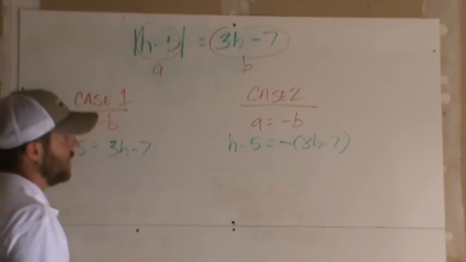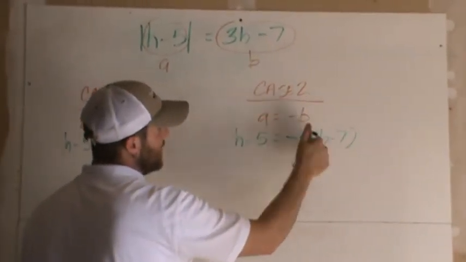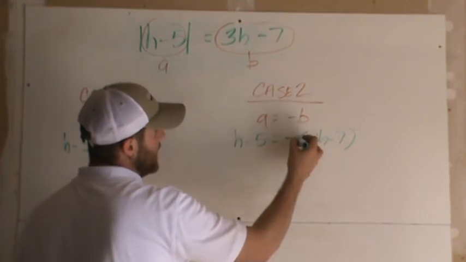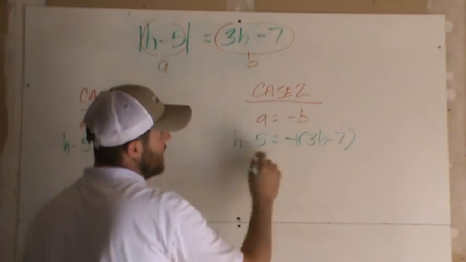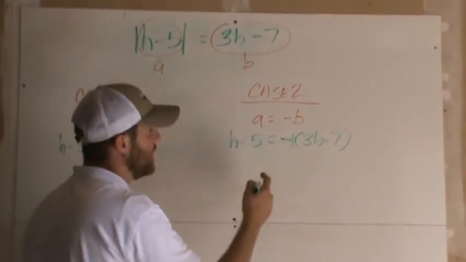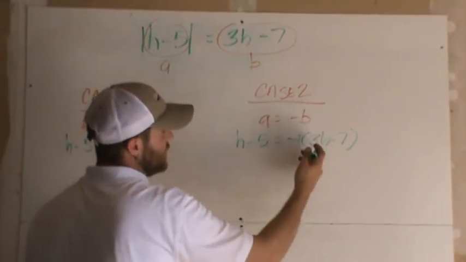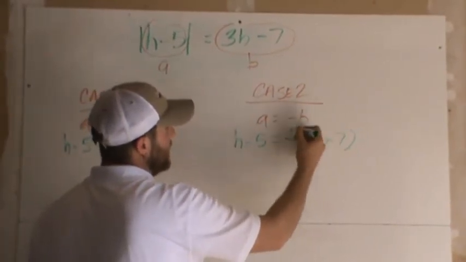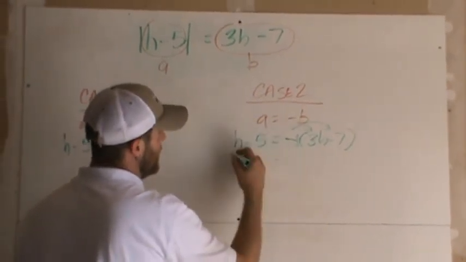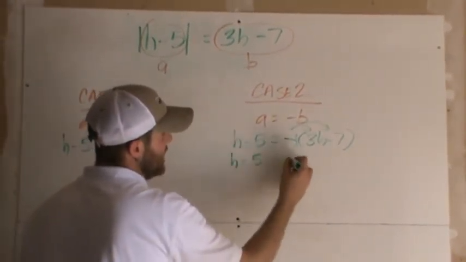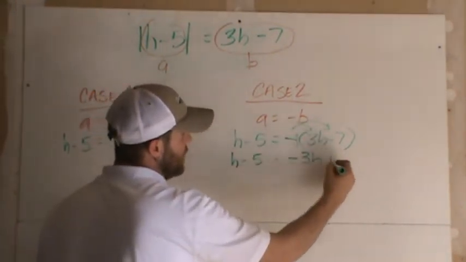And the reason that's important is because this is going to be negative as well as this being negative. If you think about it as being a negative and not seeing any number there, we said in a previous lesson that just means there's an imaginary 1. That's like saying there's a negative 1 out front. And this just turns into a distribution problem where you send that inside. So since this is negative, that's actually going to be h minus 5 equals negative 3h, and a negative times a negative gives you positive 7.